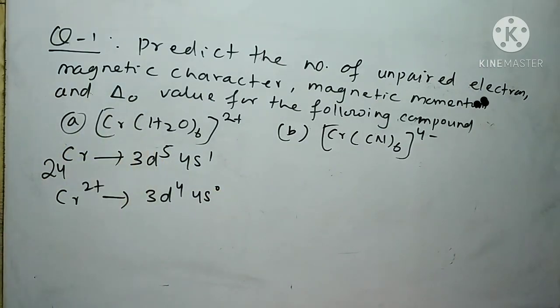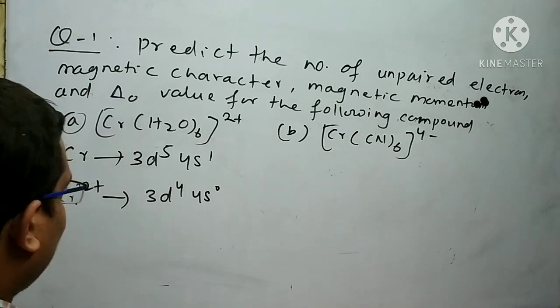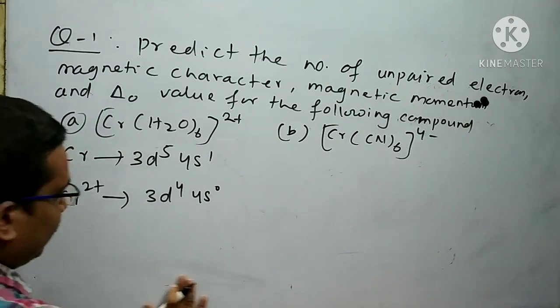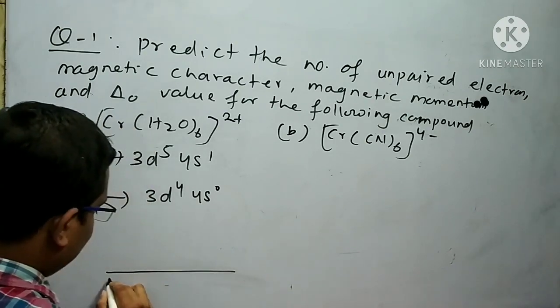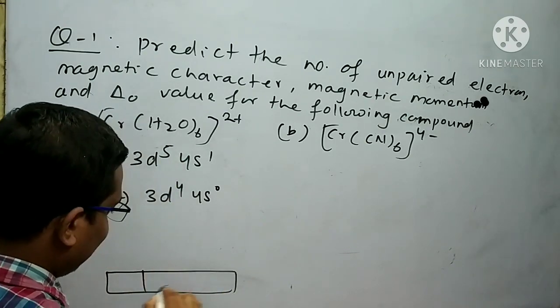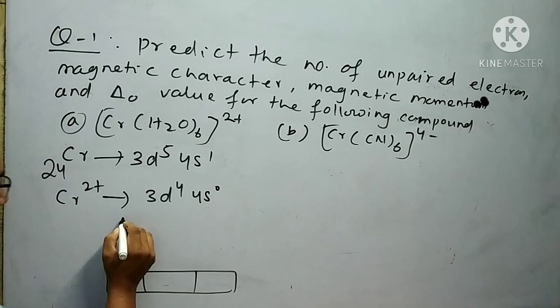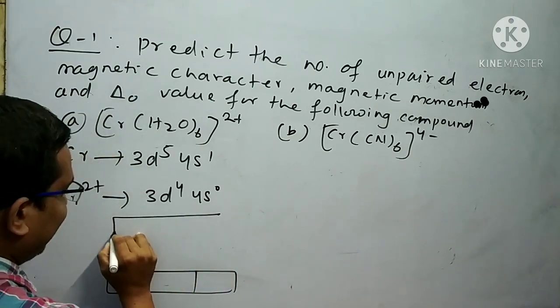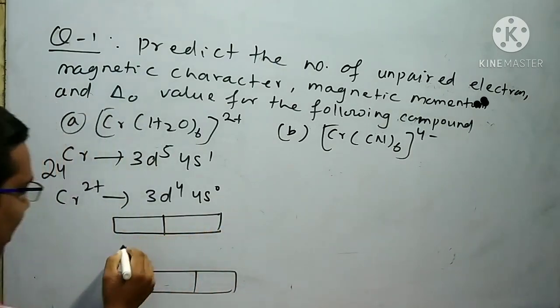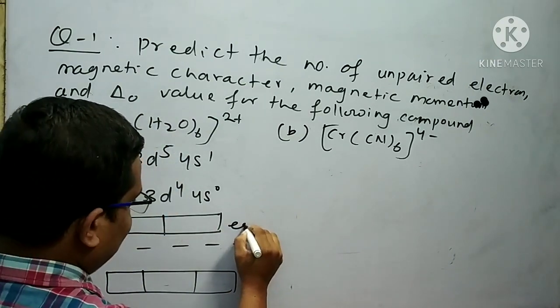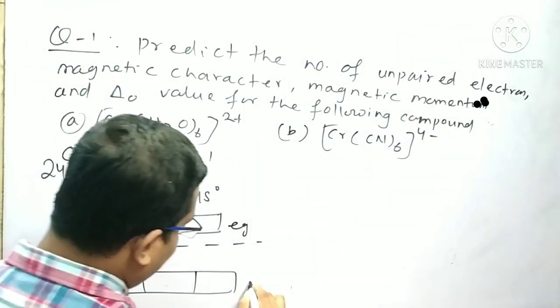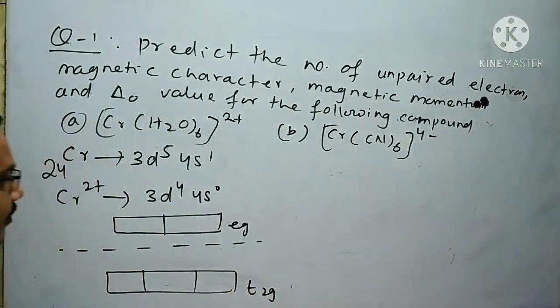This compound belongs to octahedral. For octahedral complex, according to crystal field theory, the t2g set of orbitals is present below, and the eg set of orbitals is present above the barycenter. This is the eg set of orbitals, this is the t2g set of orbitals.